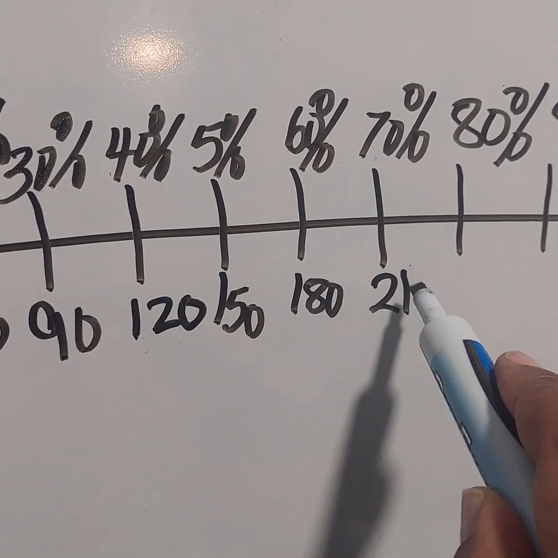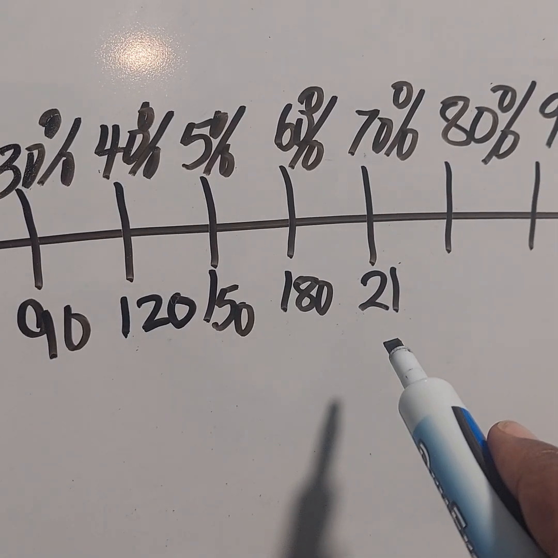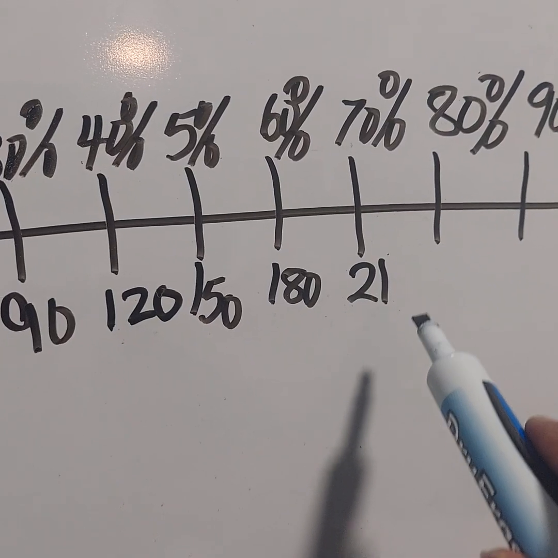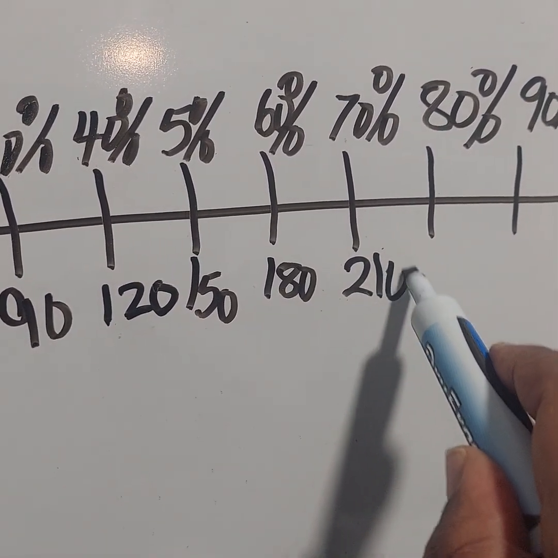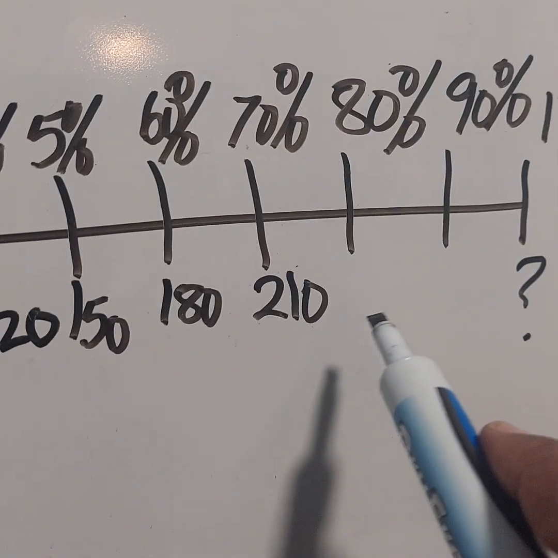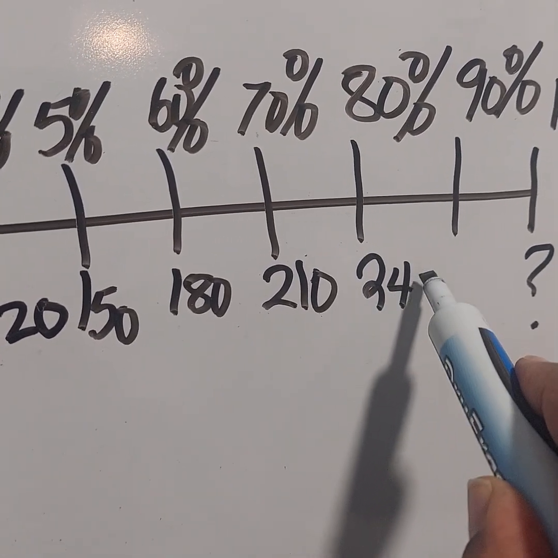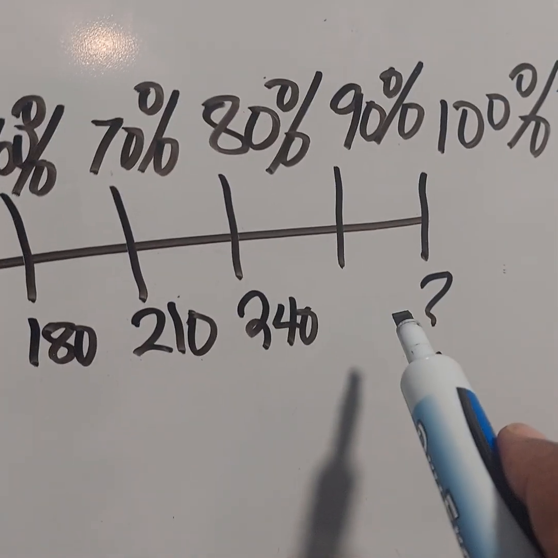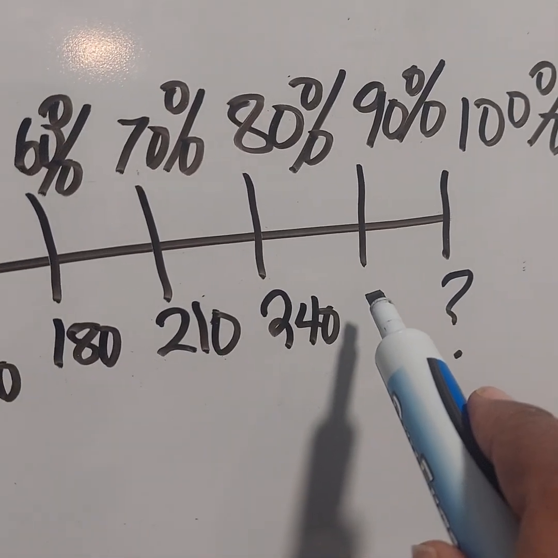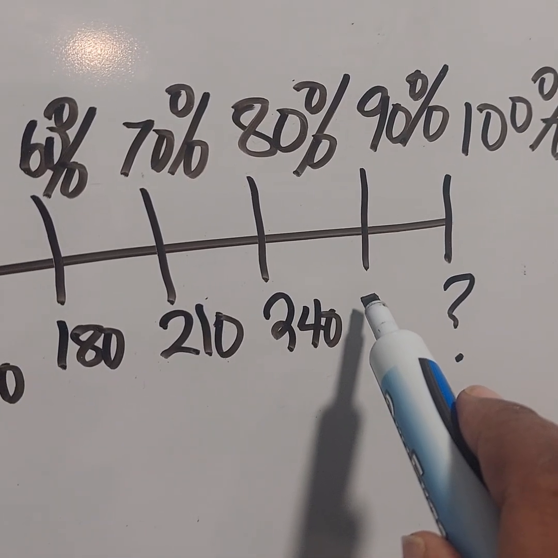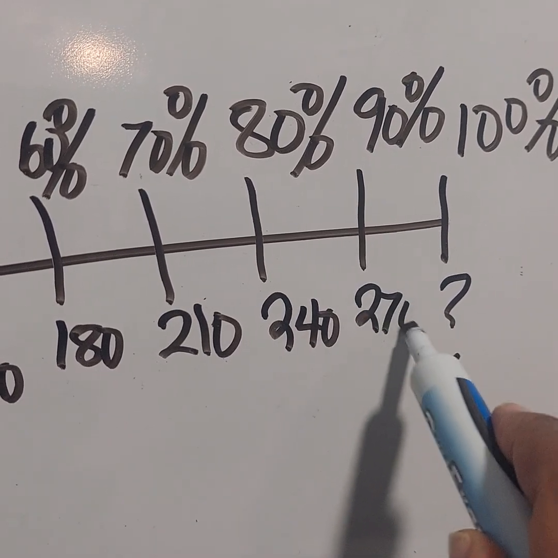The point of me doing this is to let you know that there's an easier way to do something, right? Let's choose the easier way. The next one is going to be 24. The next one is going to be what? 24 plus 3, 27, right?